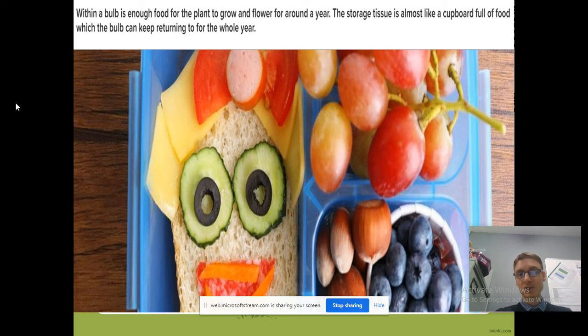The storage tissue is almost like a cupboard full of food, which the bulb can keep returning to for the whole year. So within that bulb, there's lots of stored energy to keep it surviving, and then have enough energy to produce a flower within that time.